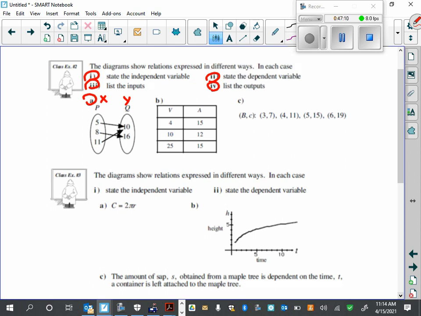Y is the dependent, X is the independent. Take your best guess. I haven't even shown you how to write it yet.